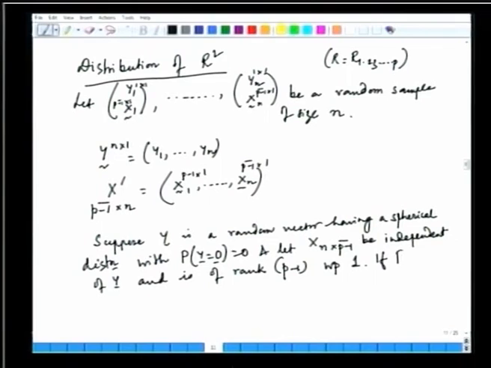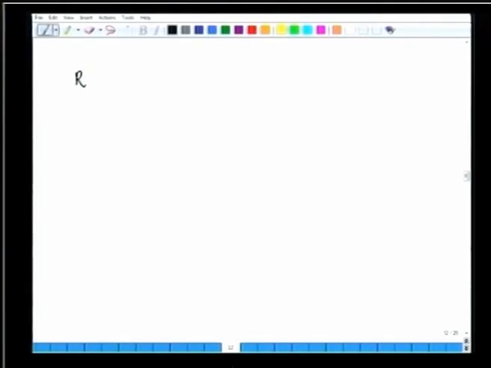Now, if I say that R is the sample correlation coefficient between y and x1, x2 to xn, this is now denoted by R square as A12 transpose A22 inverse A12 over A11, as we have noted earlier with the A matrix.